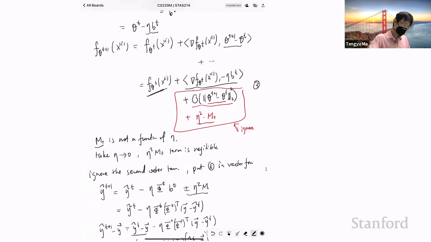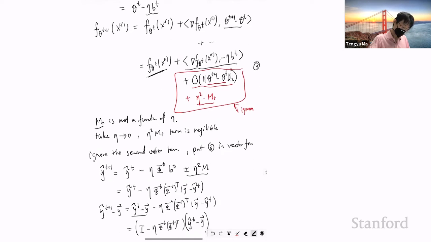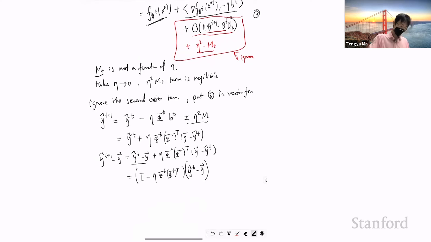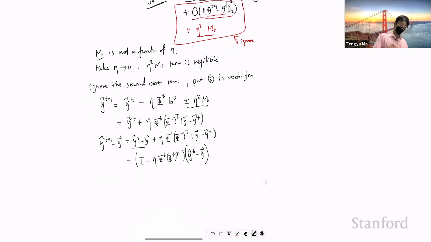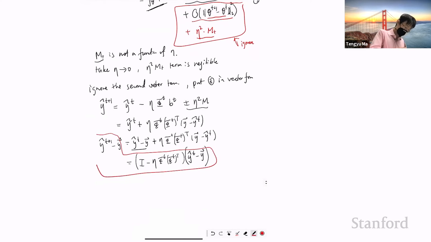I think there's a little bit of a problem with the sign. I think this is a plus. This is a plus, right? Okay, but the point is that, technically, you still have some eta squared term, which we don't care about.